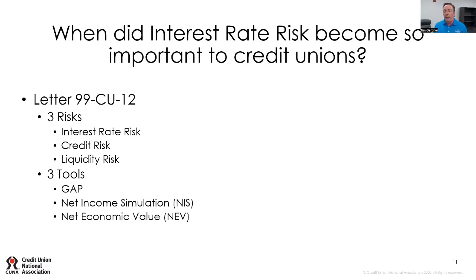So in 1999, the NCUA issued a letter to credit unions that said that there are three different types of risks: interest rate risk, credit risk, liquidity risk. And then there are three tools that you can use to evaluate those risks: a gap report, a net income simulation, and net economic value.